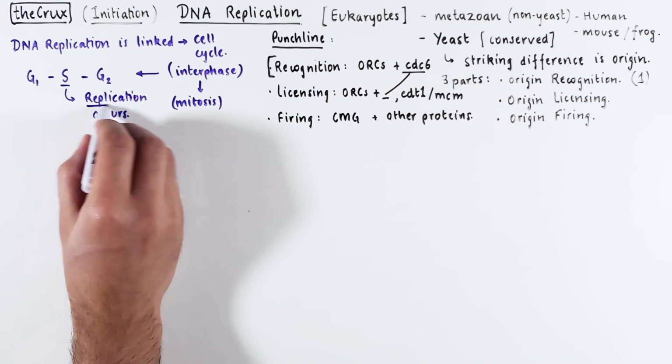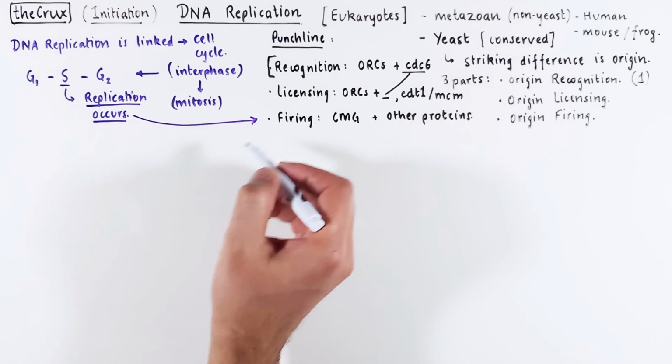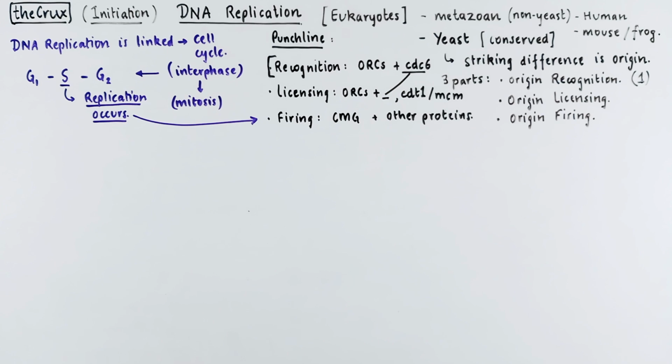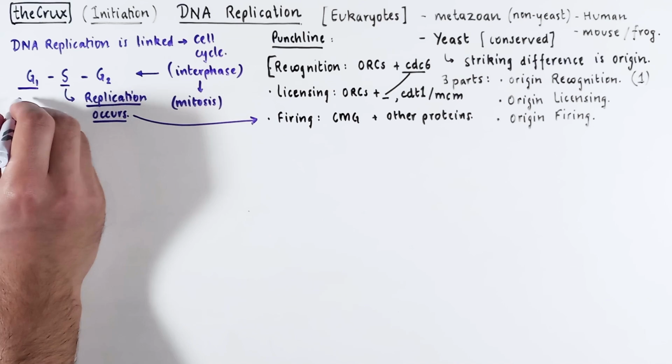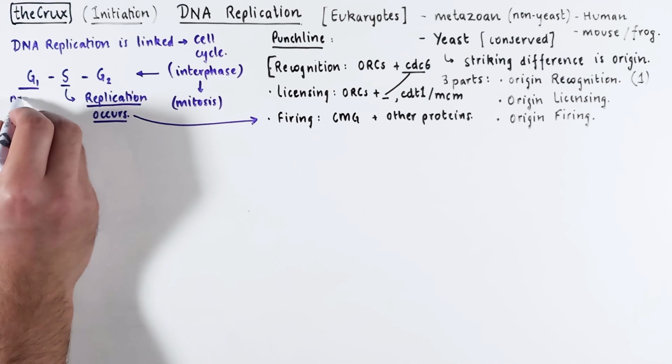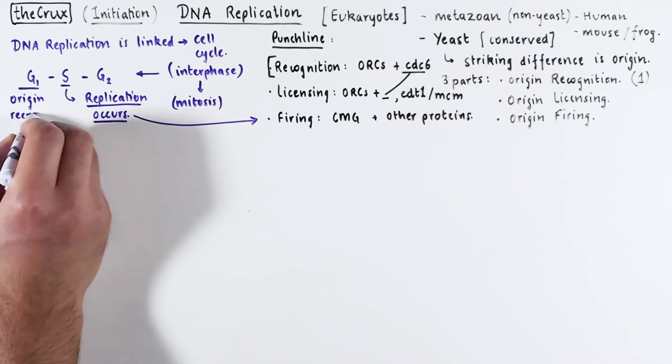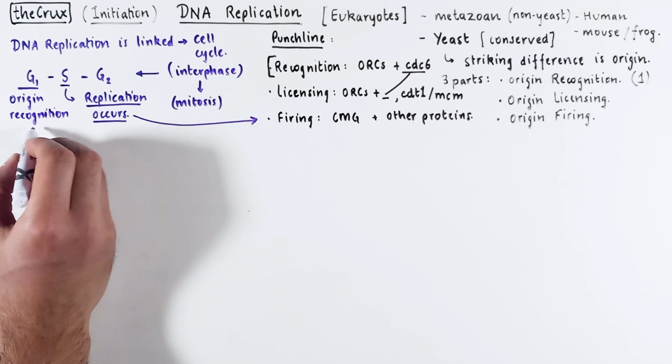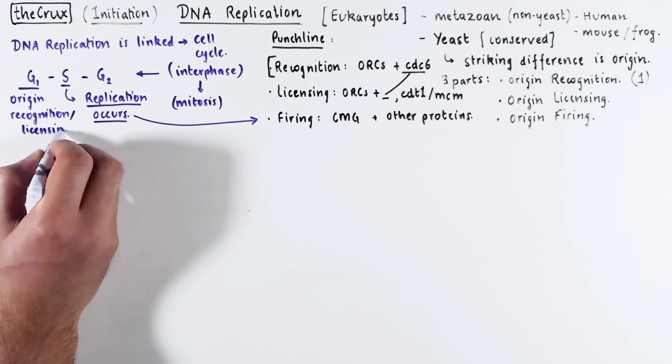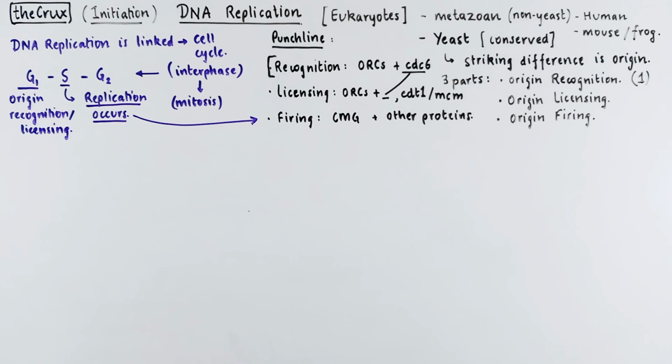For all intents and purposes, the process of replication per se is technically the process after origins have fired, whereas the G1 phase is used for origin recognition and licensing. This makes sure that all things are ready to start replication in the S phase.